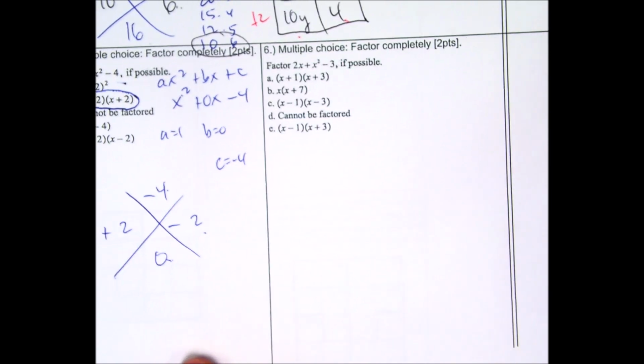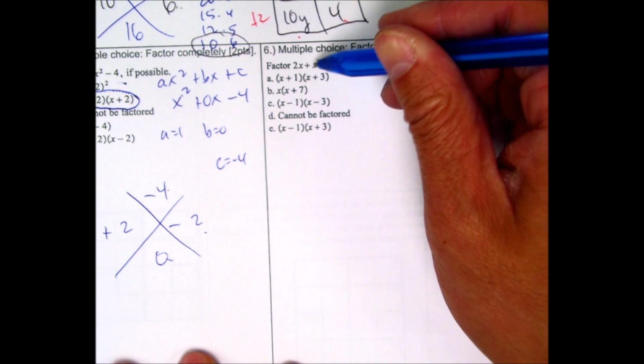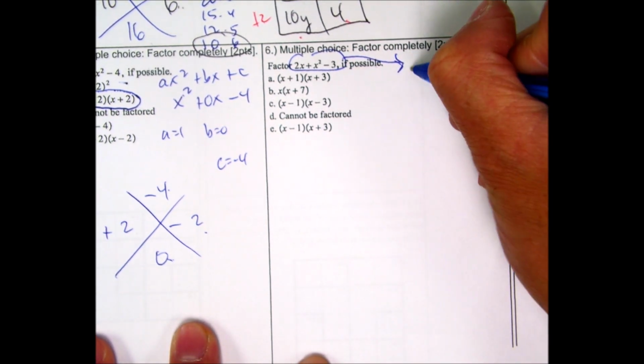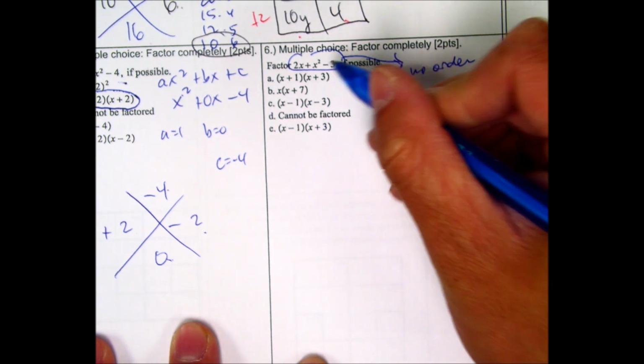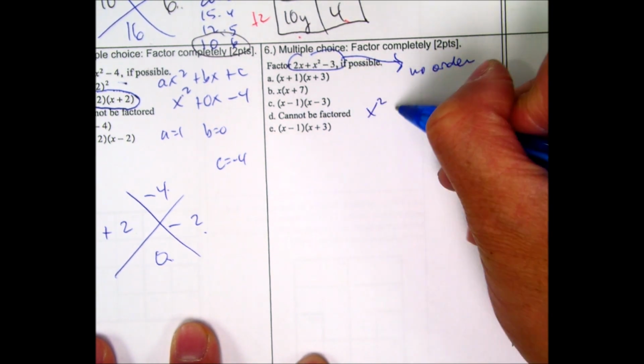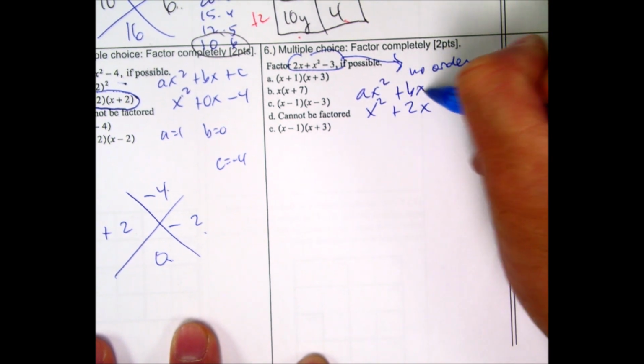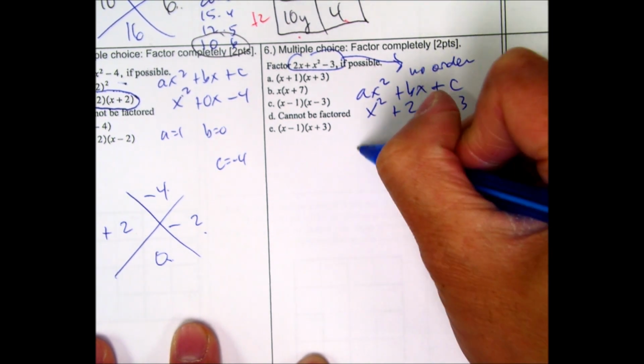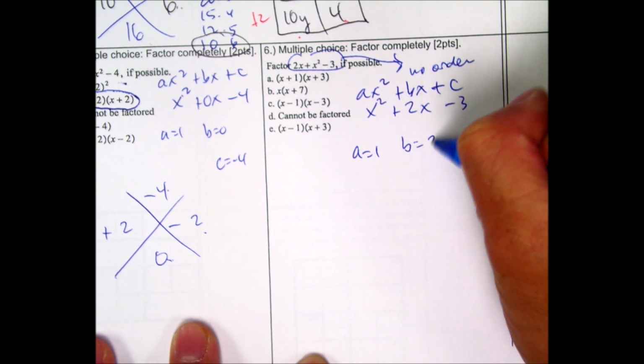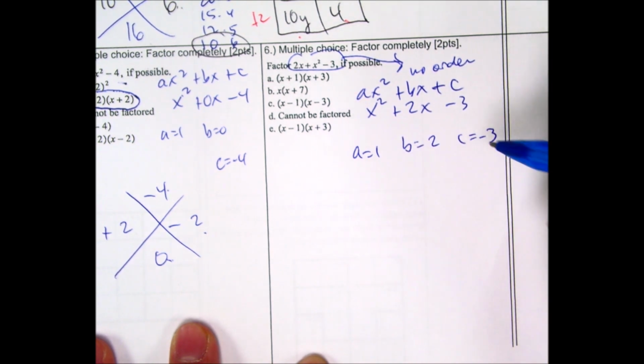Question number 6. Factor 2x plus x squared minus 3. This is out of order. You put it in descending order, x squared plus 2x minus 3. That's in standard form. So your a value is 1, b is 2, c is negative 3.